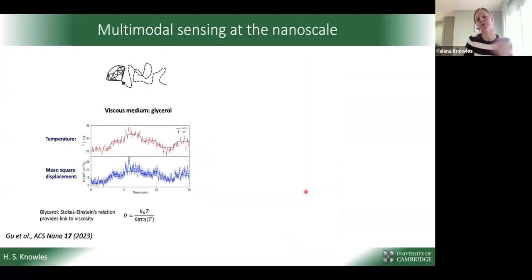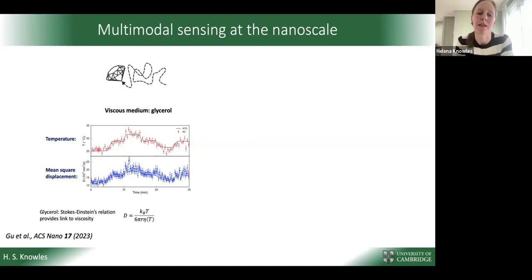So that's a good start. And then we wanted to really probe that link between temperature and viscosity and see, can we measure those two properties simultaneously in a living system, with all its applications then to disease and small organisms. And so we started in a model system, in glycerol, which has a trivial temperature dependence of the viscosity.